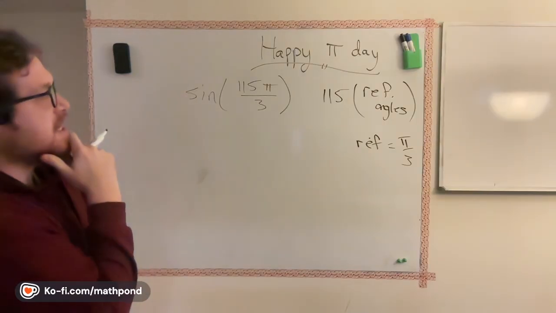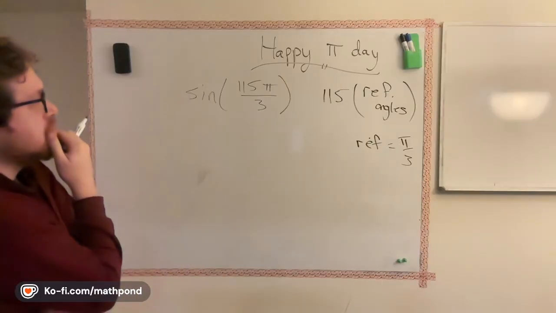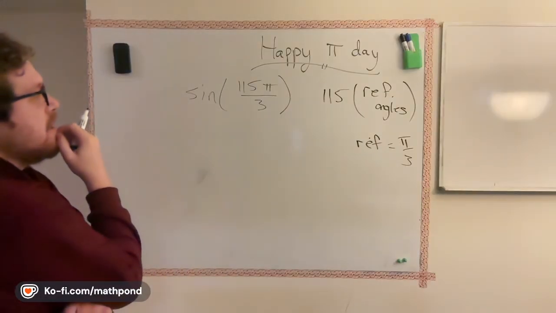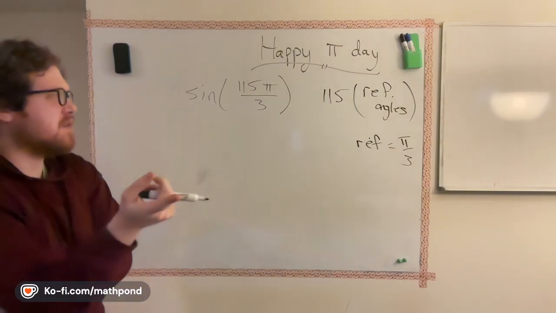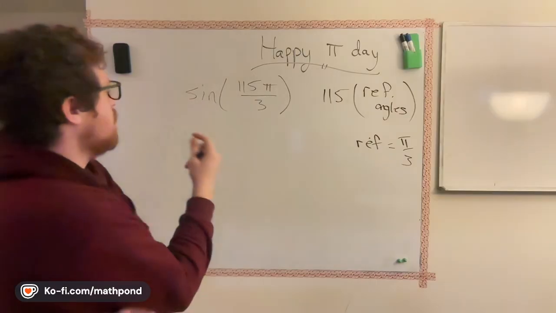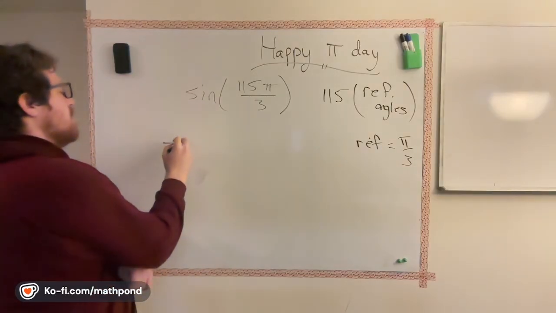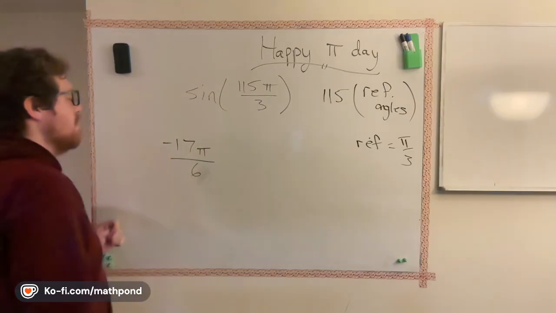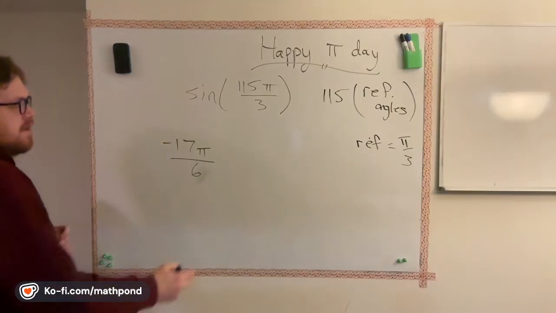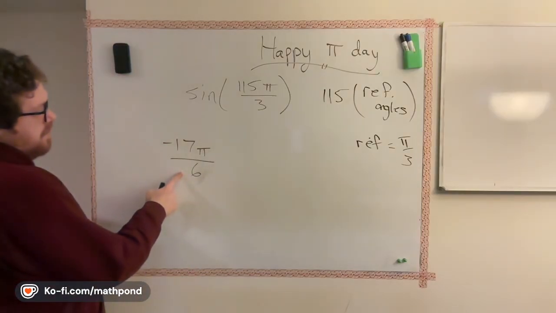I'm just trying to think if that can go wrong somehow, but I guess that's correct. But I'm unclear about the other one. What was the other one? I think it was like negative 17 pi over 6 or something. And then you said do twice the angle.